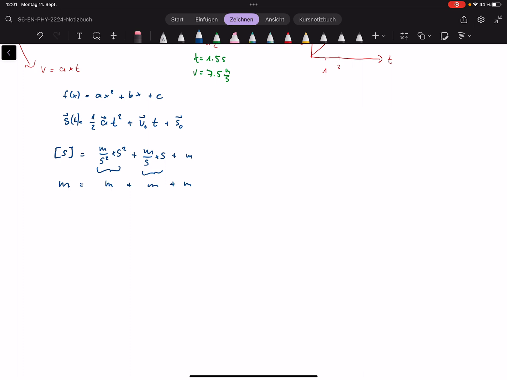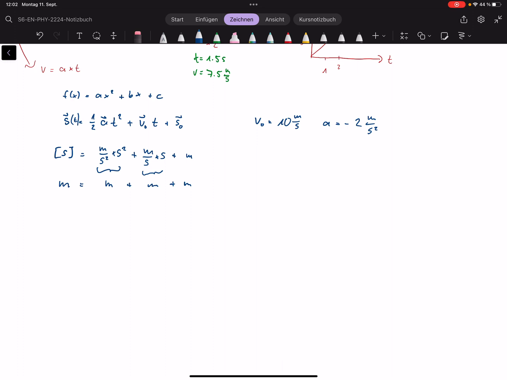That makes sense. So let's look at an example where we have an initial speed of 10 meters per second and an acceleration of -2 meters per second squared.